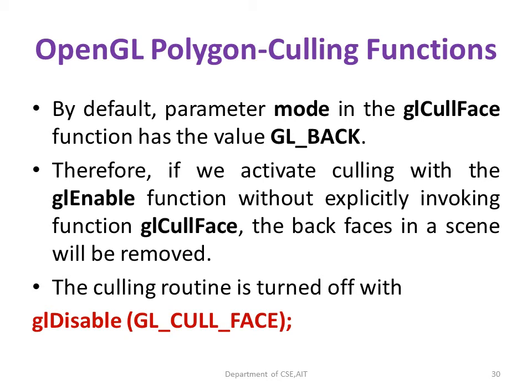And if I am making use of glEnable, the back face will be removed. If I want to switch off the back face removal, then I have to go for disable. So glEnable and glDisable always come as opposites. Whenever you go for enabling an operation, we should use enable. After the work is completed, we should go for disabling it.